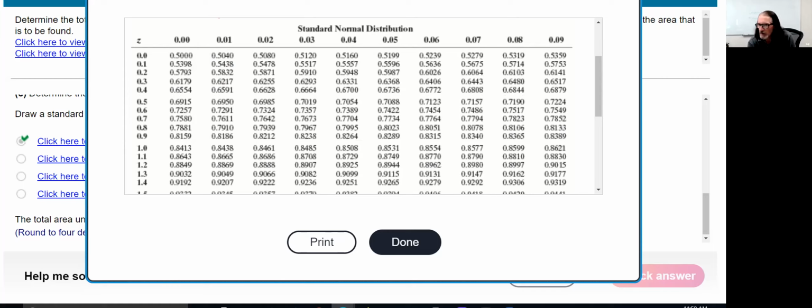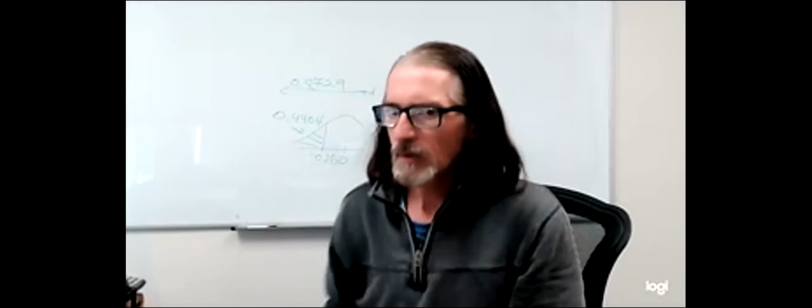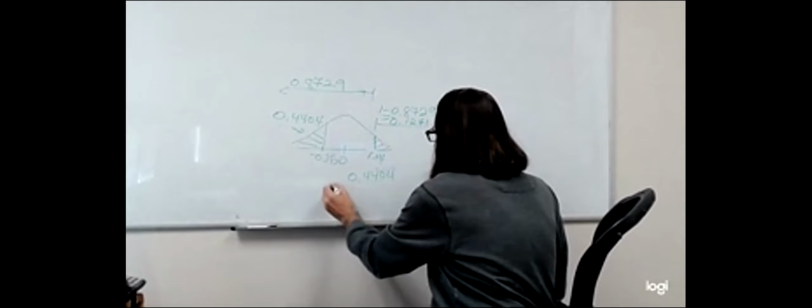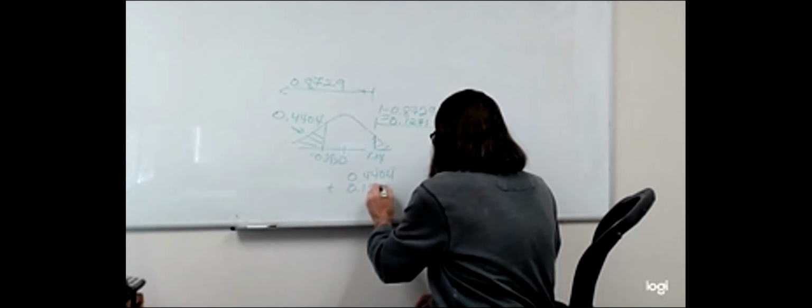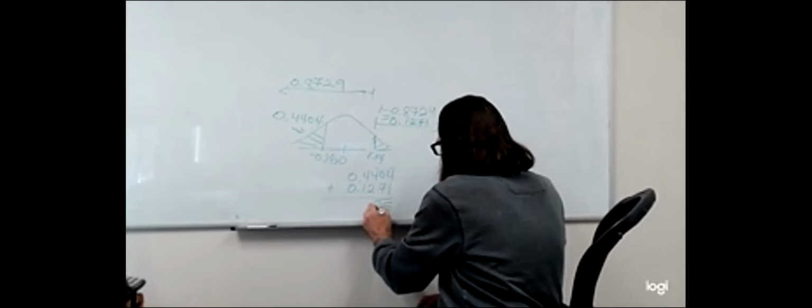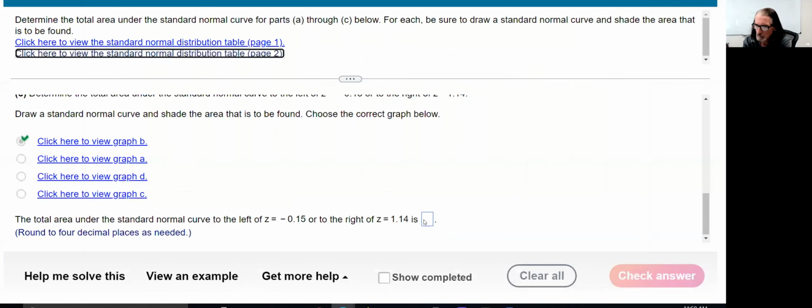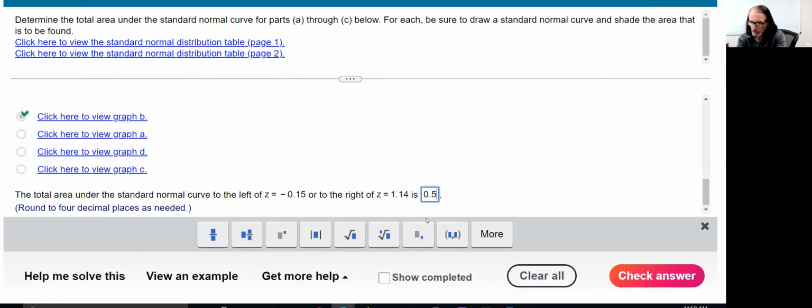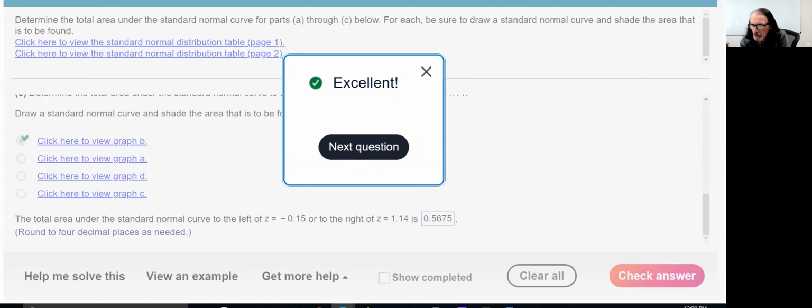And just like in the previous part, we will add the 0.4404 and the 0.1271 to get 0.5675. Let's try that out. 0.5675. And it's good. On to the next question.